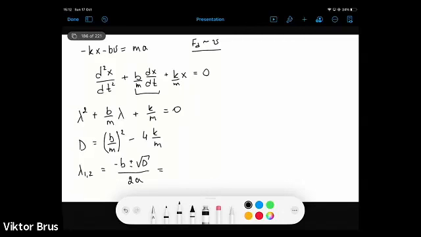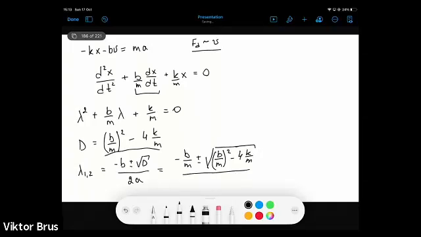So we have minus b over m, then plus minus square root of our discriminant, which is (b over m) squared minus 4k divided by m, and here we will have just 2.